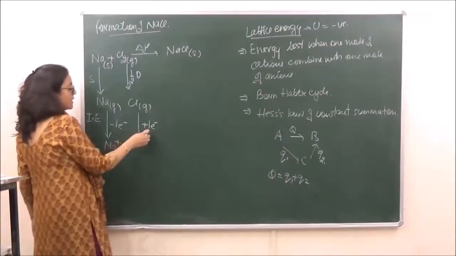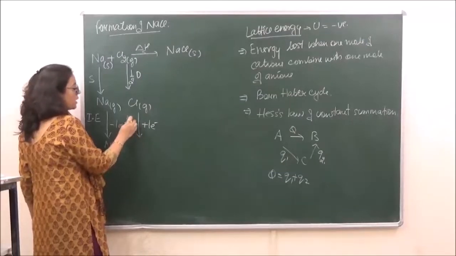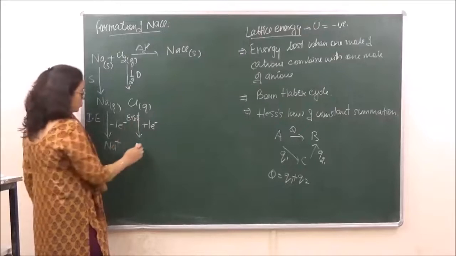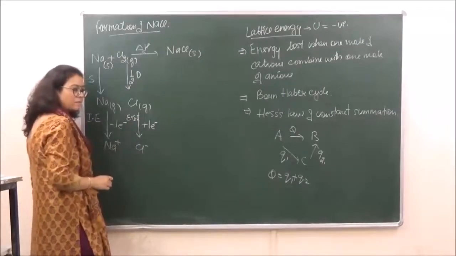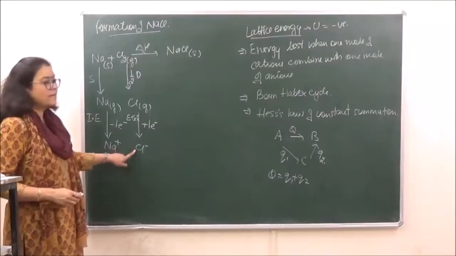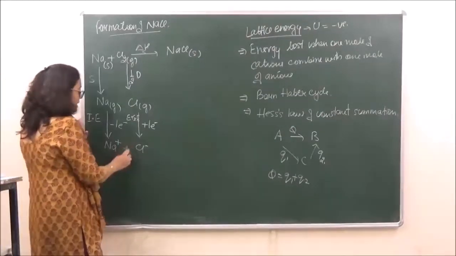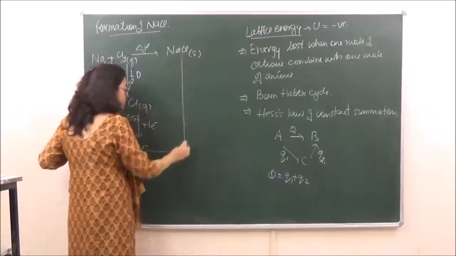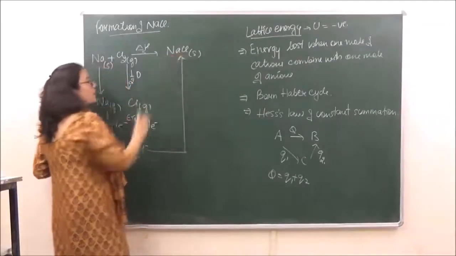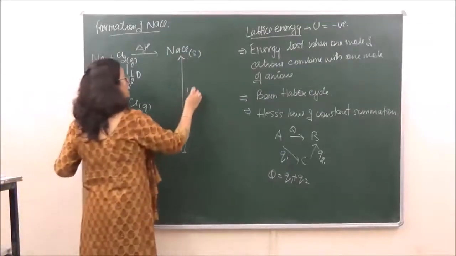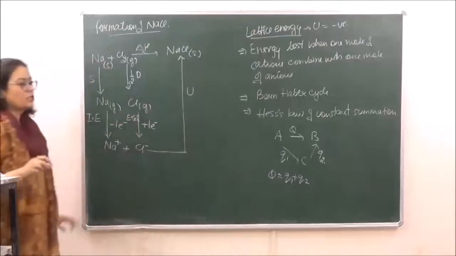So when we add this electron, the energy which is required over here is electron gain enthalpy, to give us Cl negative. Now we have two ions, Na positive and Cl negative. Both these ions are going to combine together to give us NaCl, and the energy which is released over here is known as lattice energy.